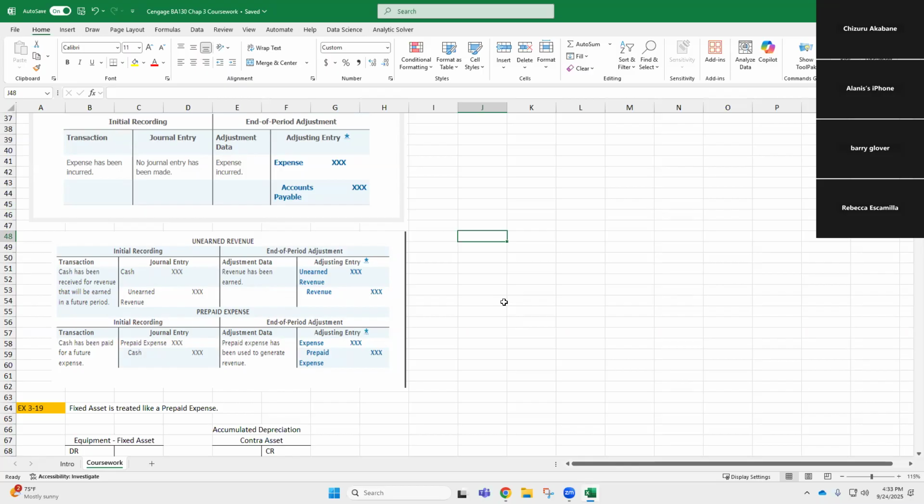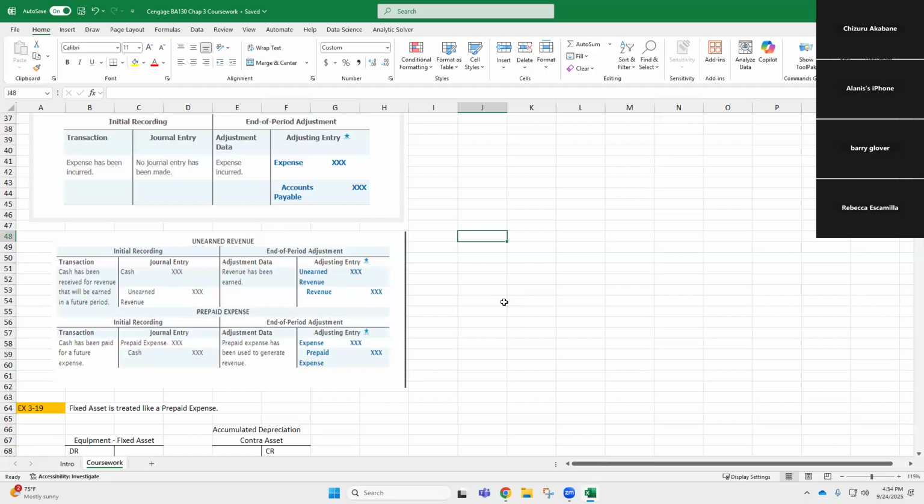So what this is, cash is received, but revenue is not earned yet.